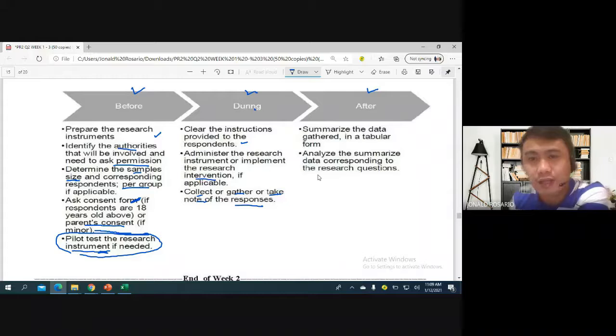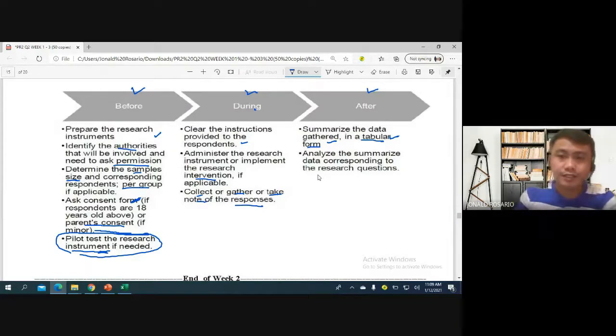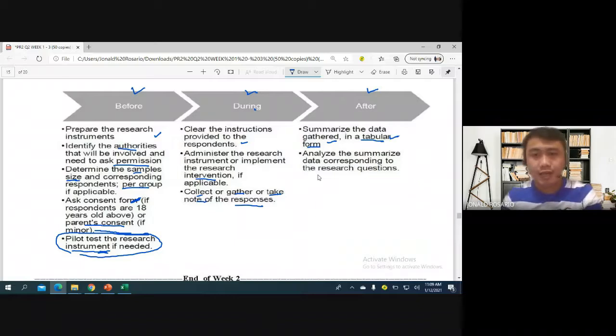After, pagkatapos ng ating data collection, anong gagawin? Meron na tayong data na hawak-hawak. After gathering the data, summarize na natin yung data natin in a tabular form. Huwag kayo mag-alala, tuturuan ko kayo kung paano gawin yan. Analyze the summarized data corresponding to the research questions. I-analyze natin yung nakasummarize na data corresponding to the research questions.